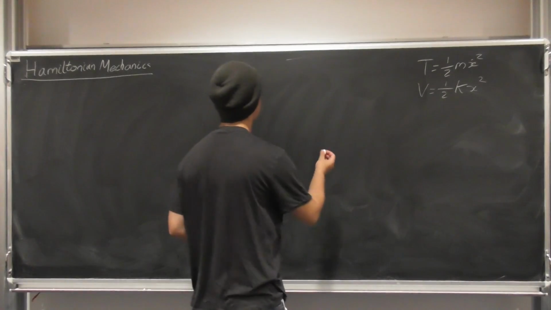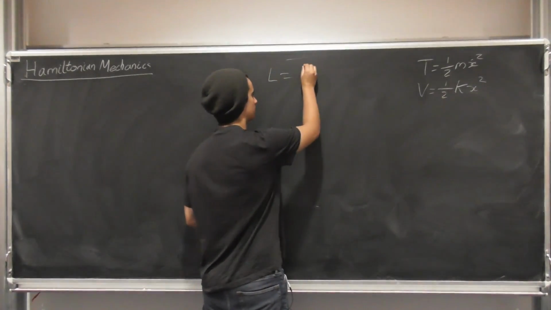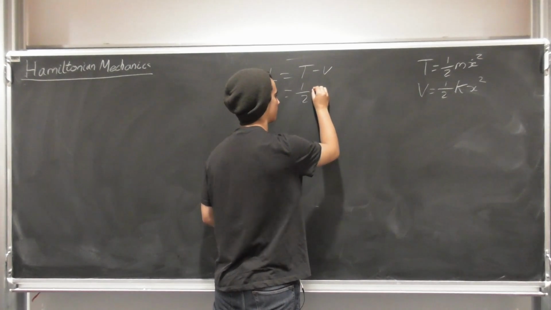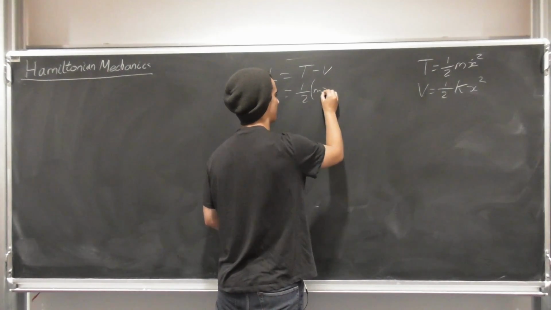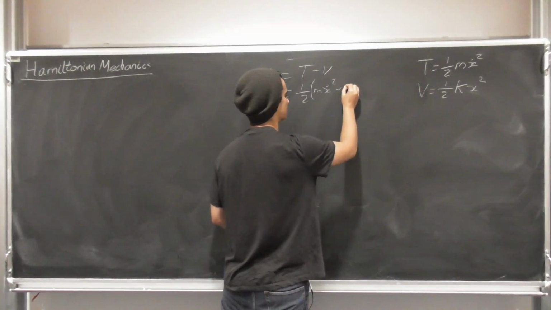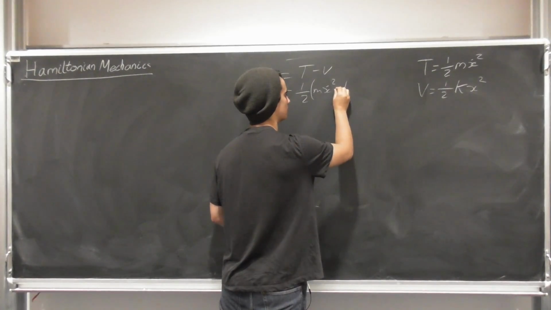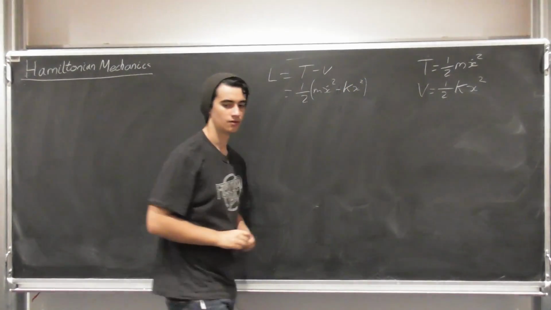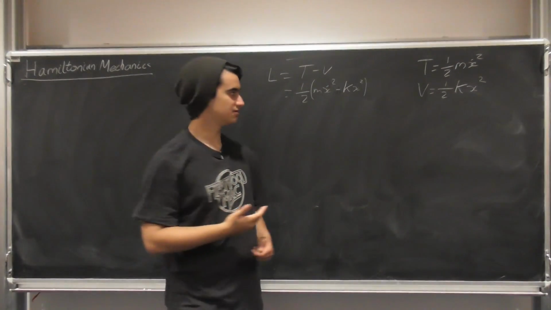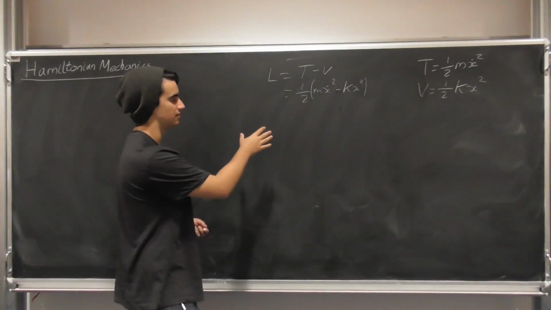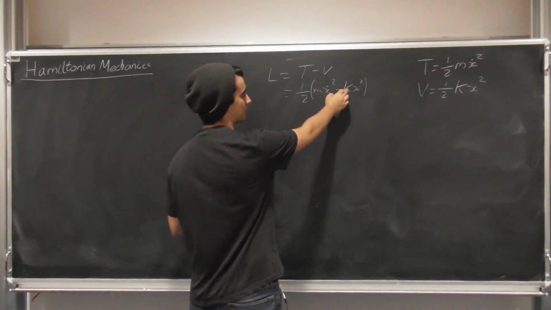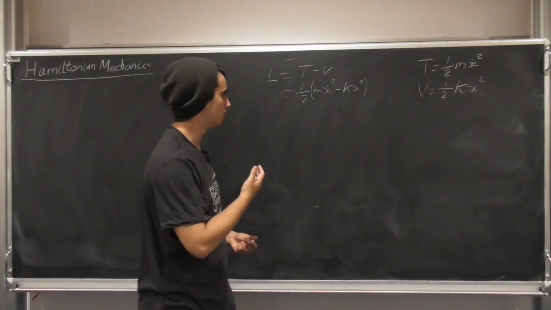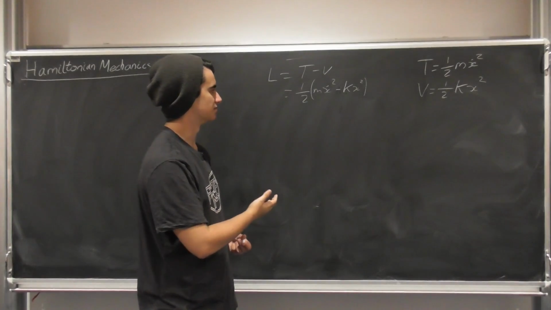So our Lagrangian L of the system, T minus V, is equal to a half m x dot squared minus a half k x squared. We can say that this Lagrangian has no explicit dependency on time when m and k are both constant, right?